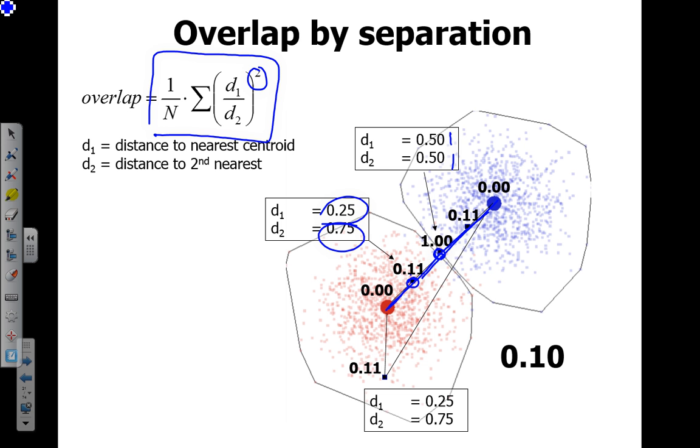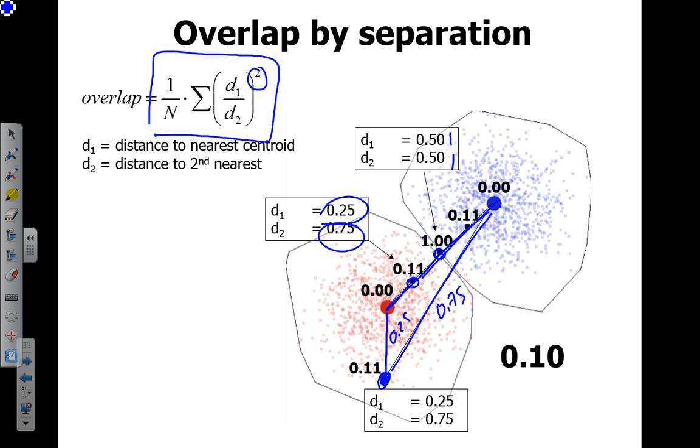And we can do this for any point. Now you can think about this point here. It might look like it clearly belongs to this cluster because it is in the wrong direction or something. But the algorithm doesn't know that. For the algorithm, we just have two distances, and it must decide which cluster it belongs to. The distance to here is 0.25 and here is 0.75.